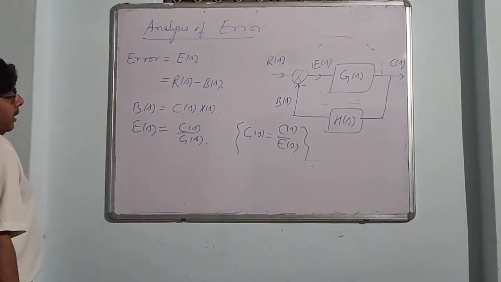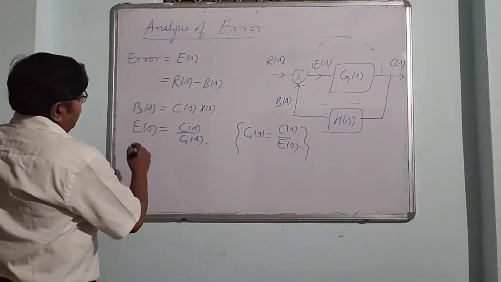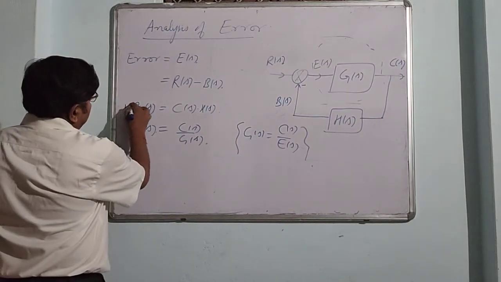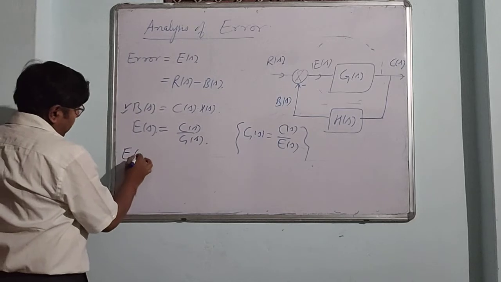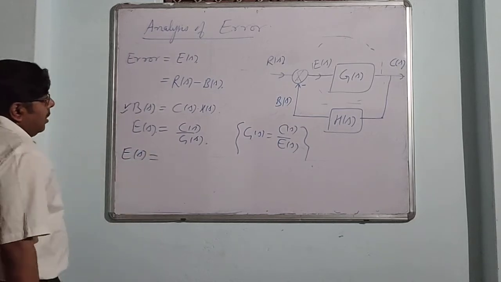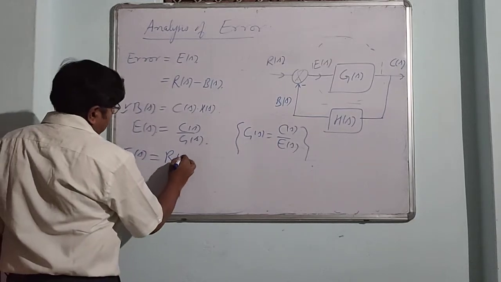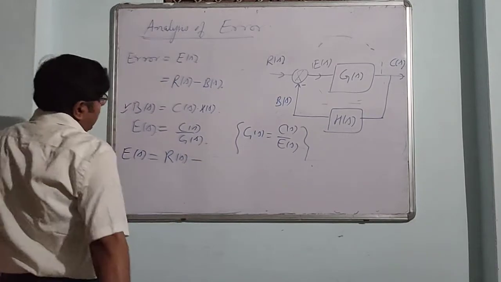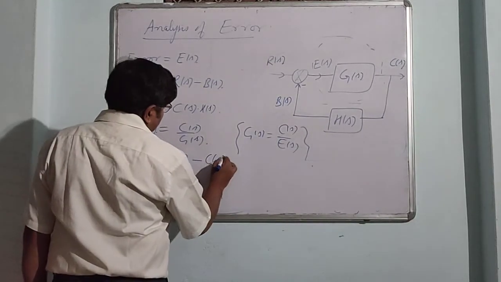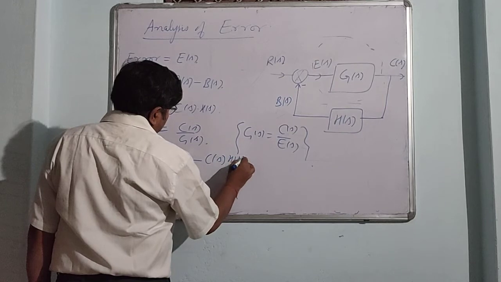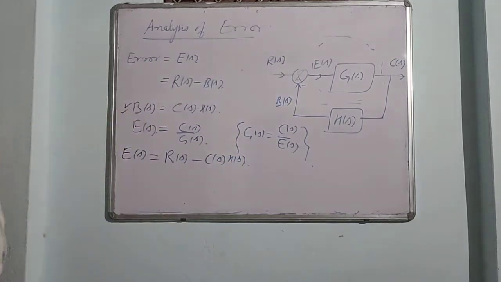Now you can replace this value. So you can write here E(s) equals R(s) minus P(s), means R(s) minus C(s)H(s).